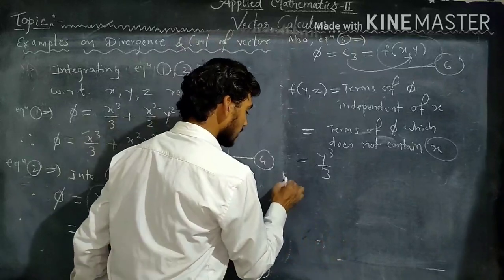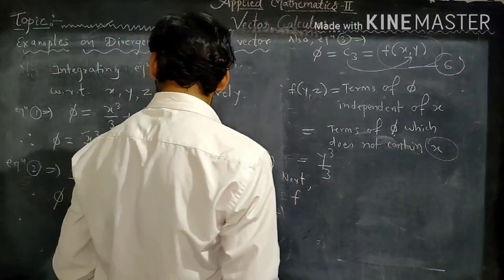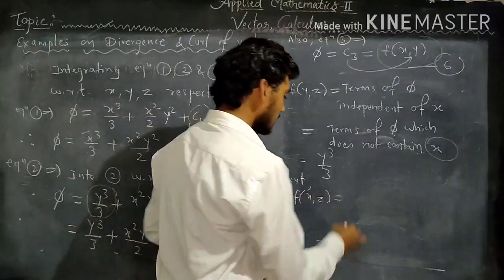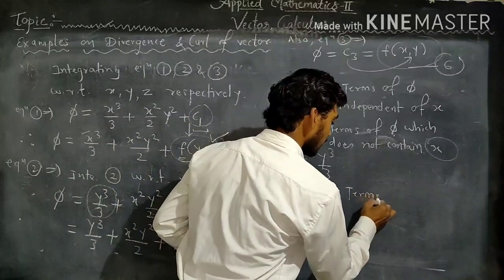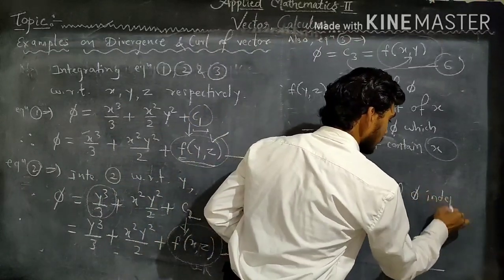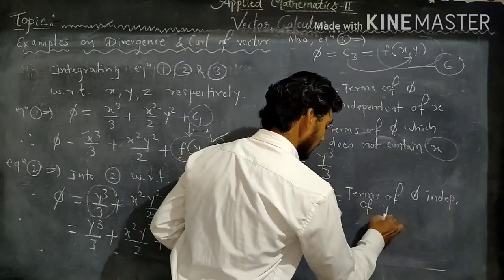Now next, f of x comma z is the terms of phi independent of y.